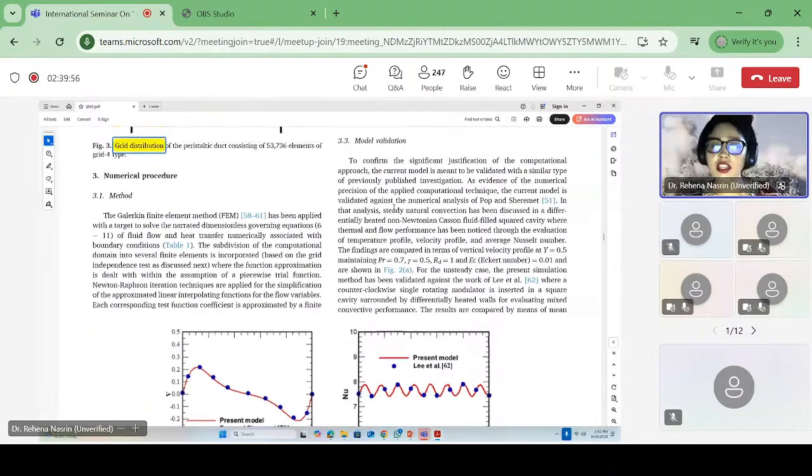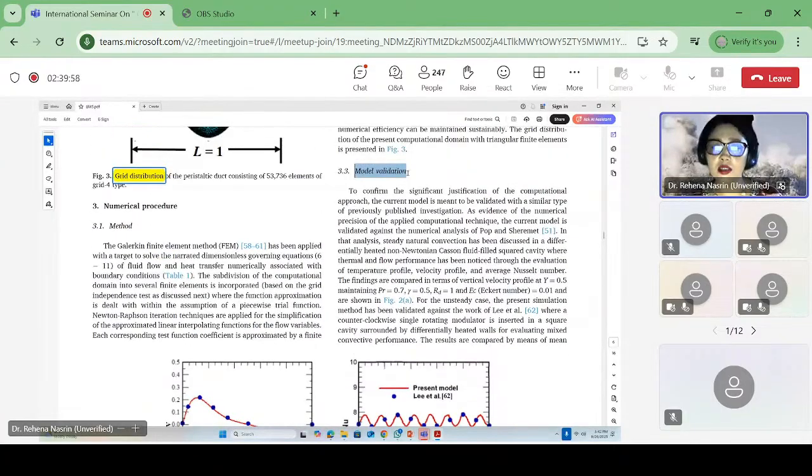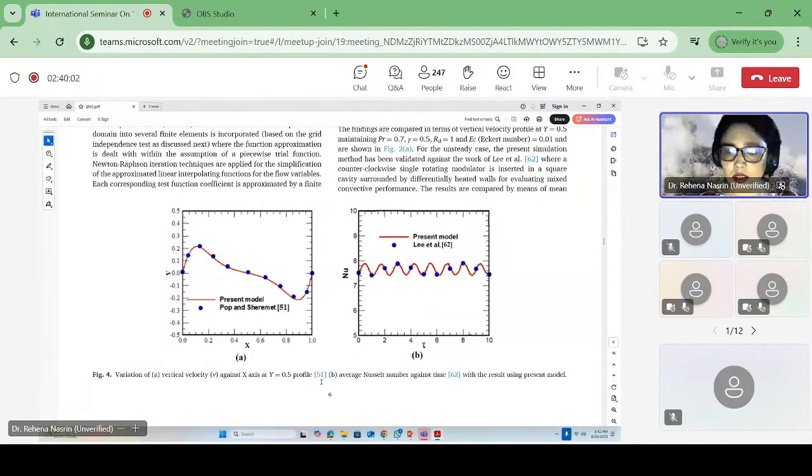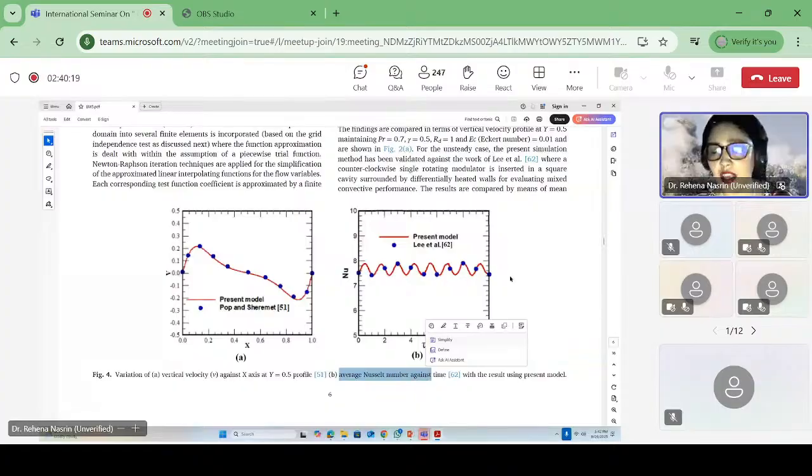And this is the model validation. For this purpose, we validate our model against Pop and Sheremet et al. And here we show vertical velocity in figure A, and average Nusselt number in figure B, against non-dimensional time.